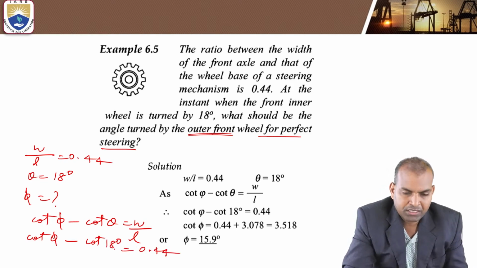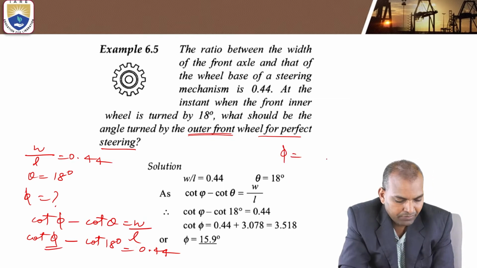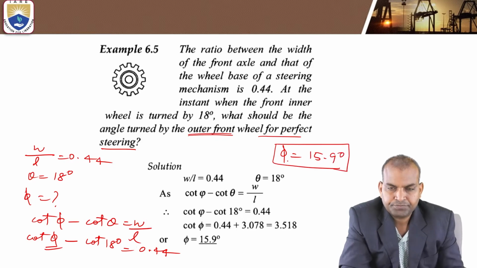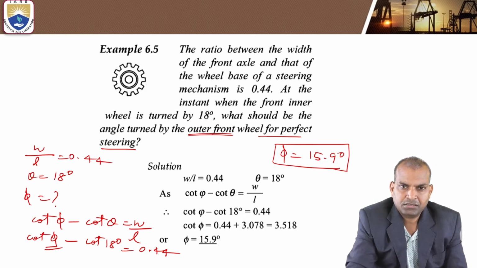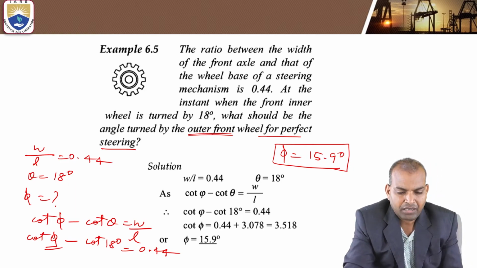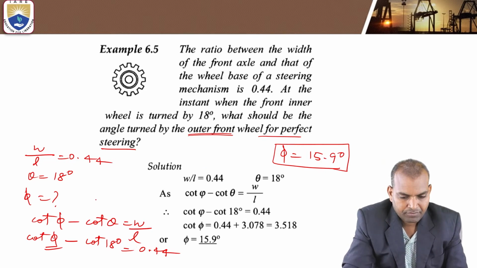After substitution, we get phi as 15.9 degrees. So this is the angle to be turned by the outer front wheel in order to avoid skidding, or to maintain perfect steering.